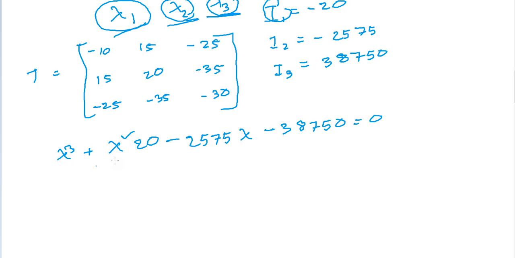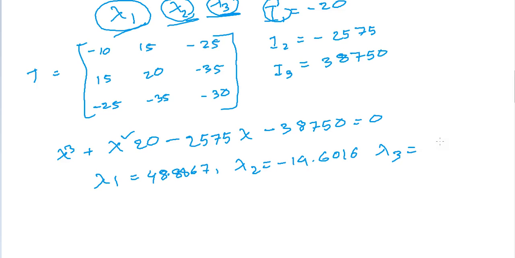If you solve this equation, we will have three roots. Alpha 1 is equal to 48.8867. I have already calculated this, so you can calculate it too. Alpha 2 is minus 14.6016, and alpha 3 is minus 54.252.